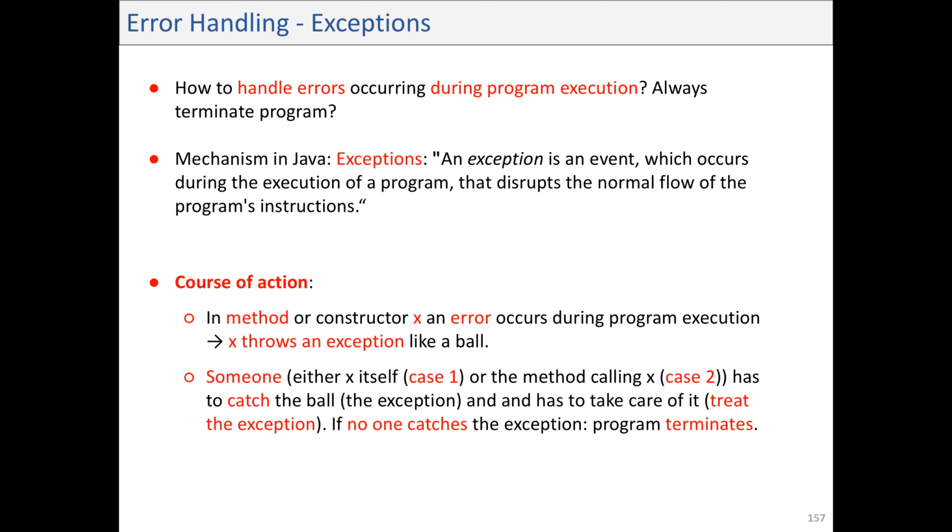The same is true for the quadratic equation method that we wrote. What if the value of the discriminant is smaller than 0? That means we don't have any real solutions, only complex solutions to the quadratic equation. And last but not least, if one of the coefficients A, B or even C is 0, for example if A is 0, then we don't have a quadratic equation at all.